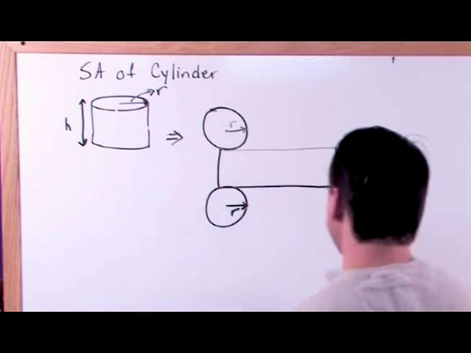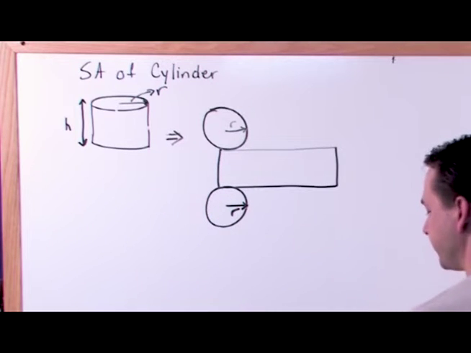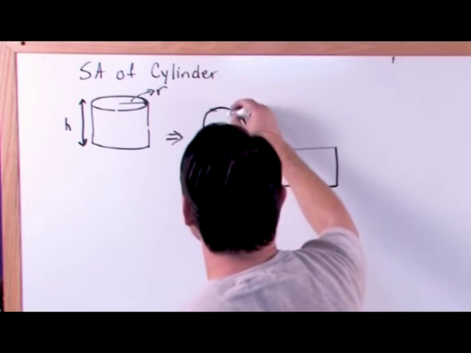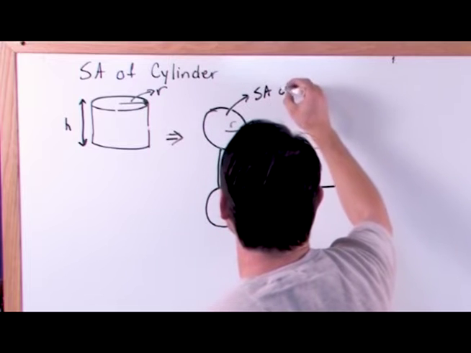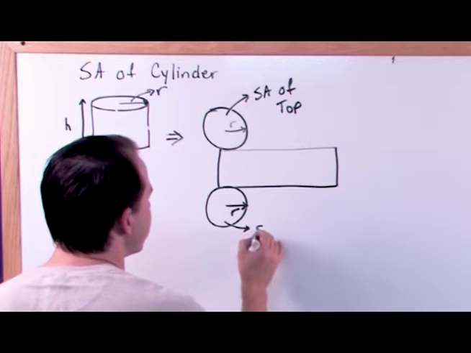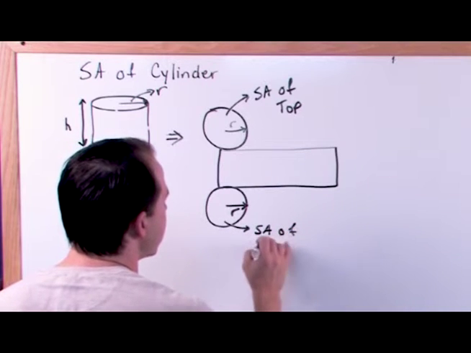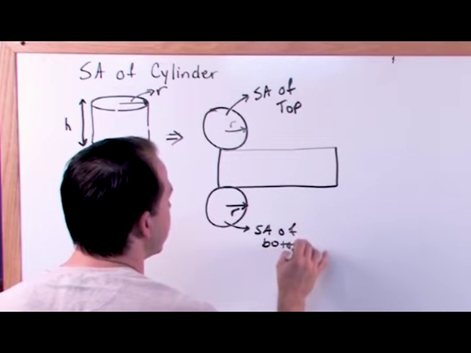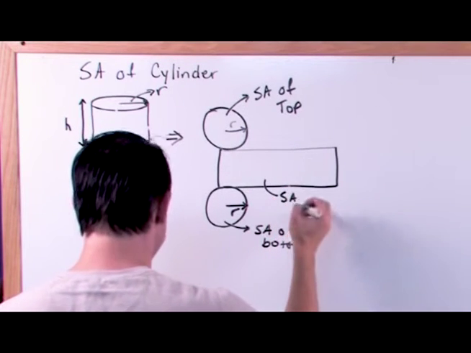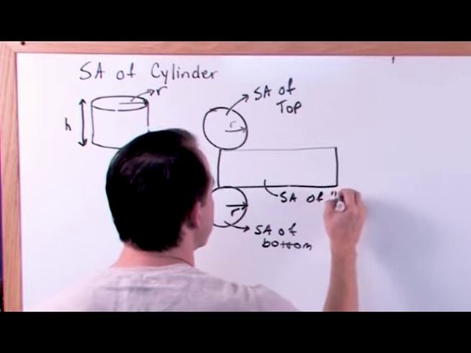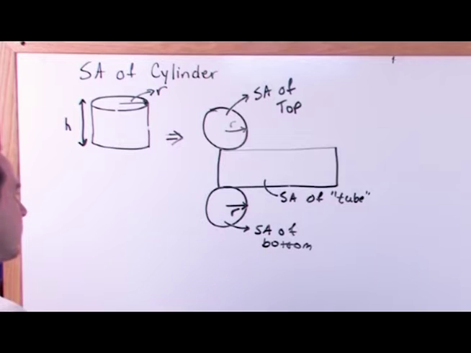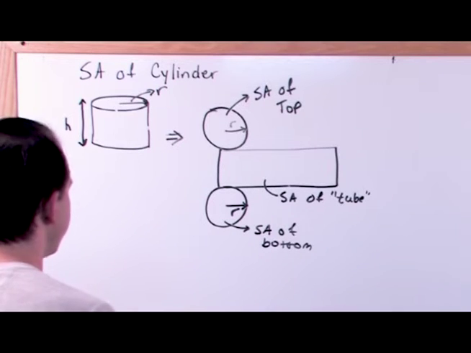So all I need to do to find the surface area of the whole thing is to find the surface area of the top, the surface area of the bottom, and the surface area of the tube part. So let's go ahead and do that right now.